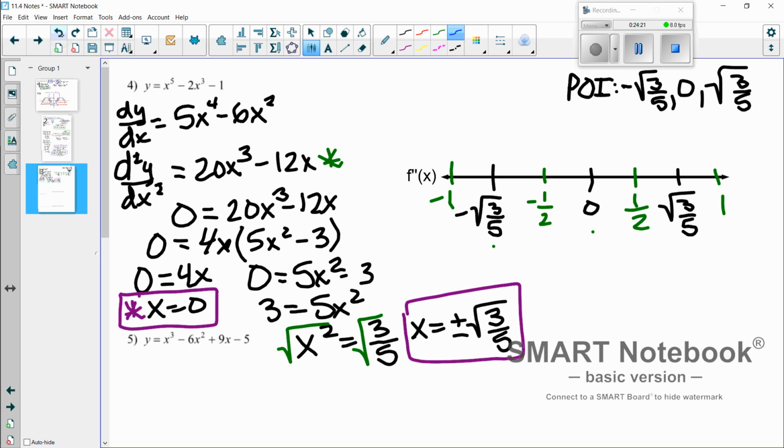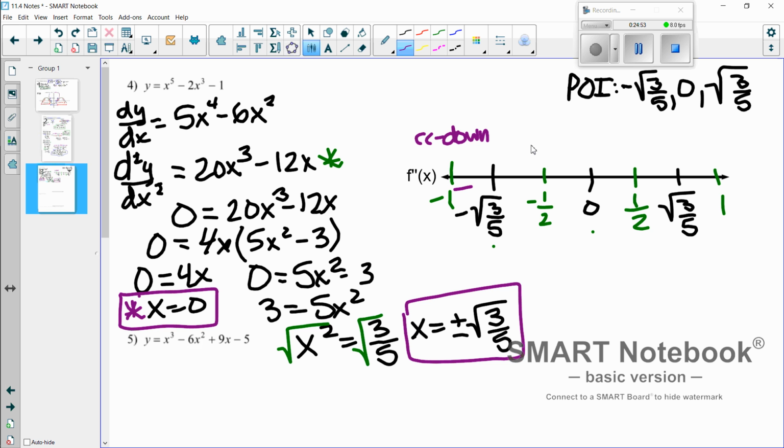Minus 12 times -1, well, that's going to turn into +12, but -20 plus 12 is still a negative number. So that's less than 0. That means we're concave down. The second derivative at -1 is less than 0, therefore concave down, right? And we can just refer back to those steps.